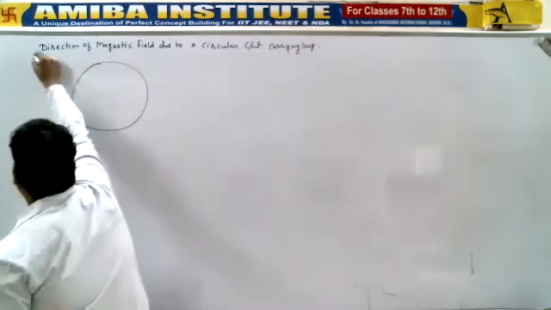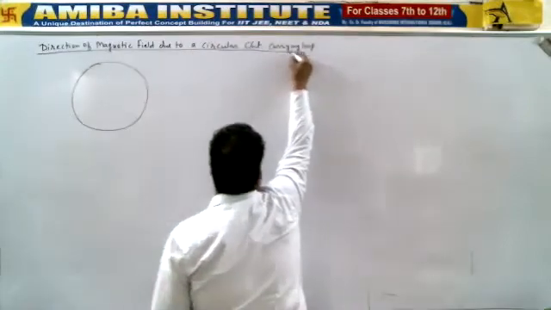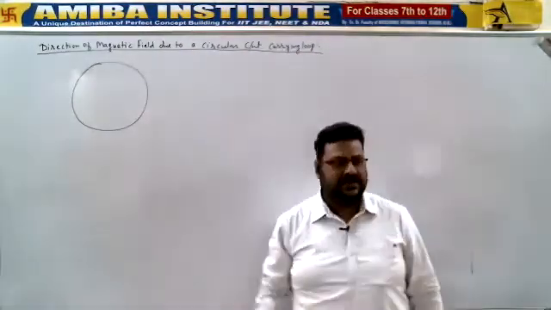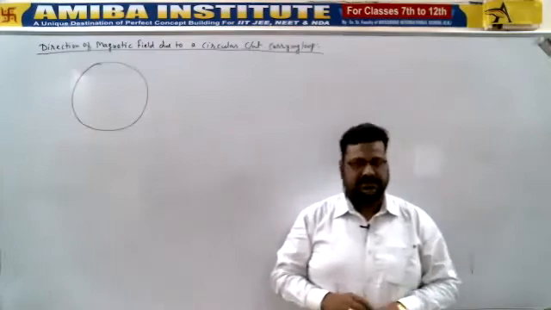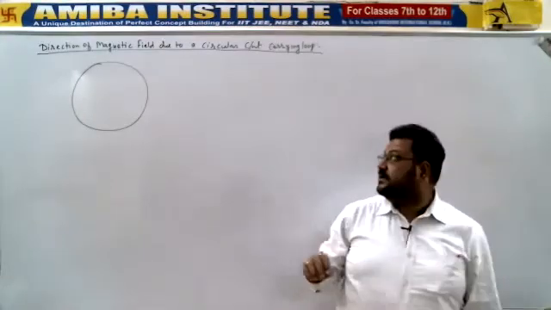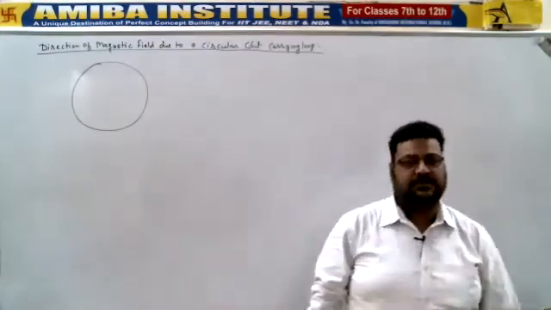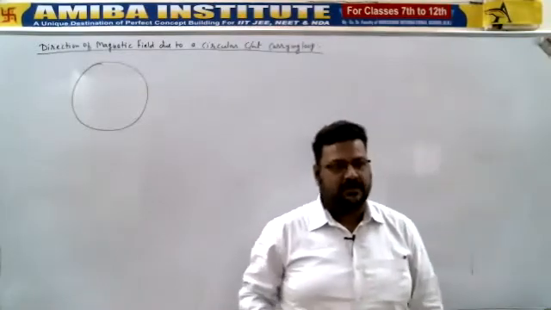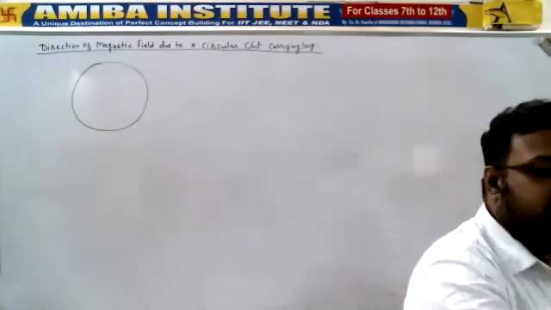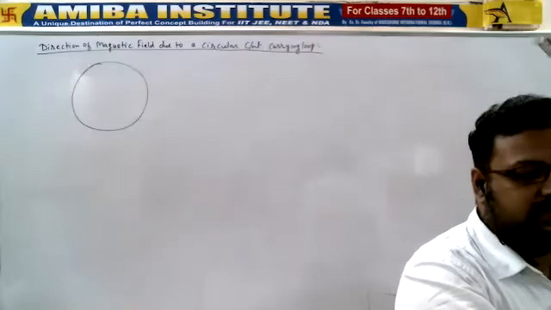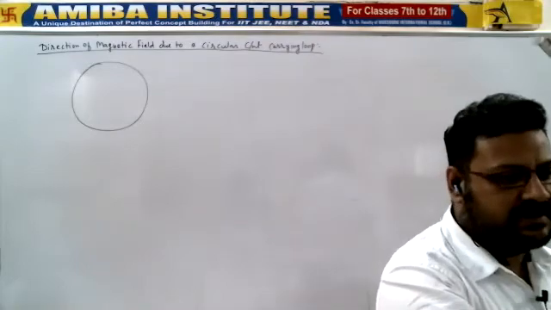Although I have already discussed these things in the first class, once I described the direction due to the straight wire, at that time I already mentioned the direction of magnetic field once again.